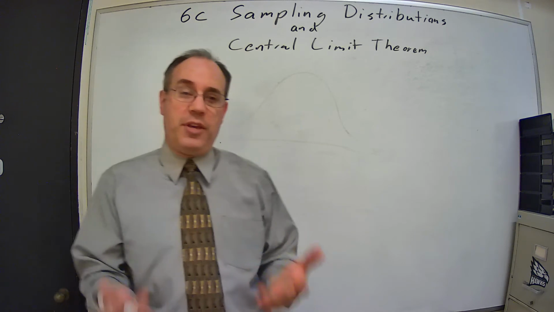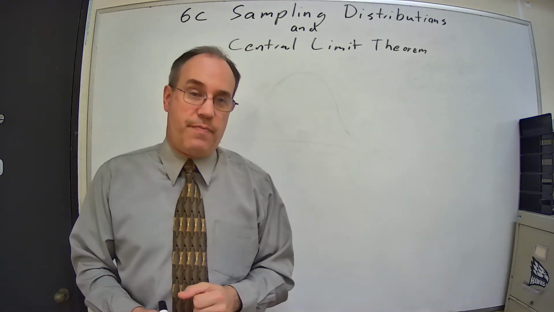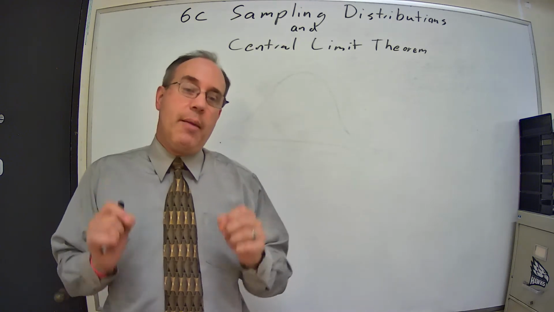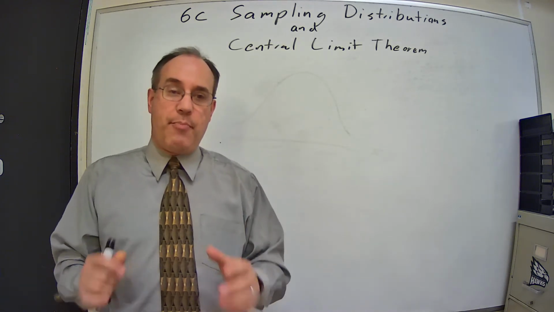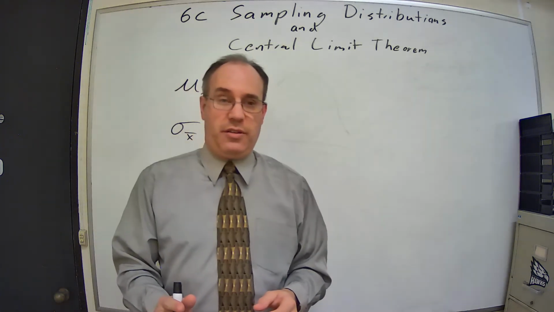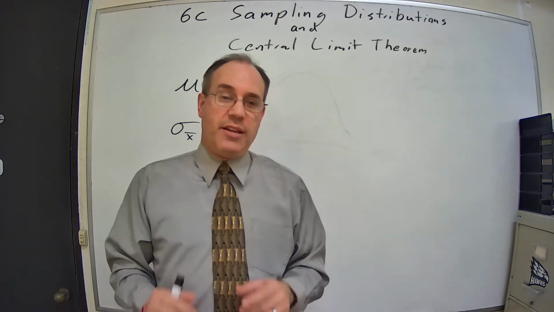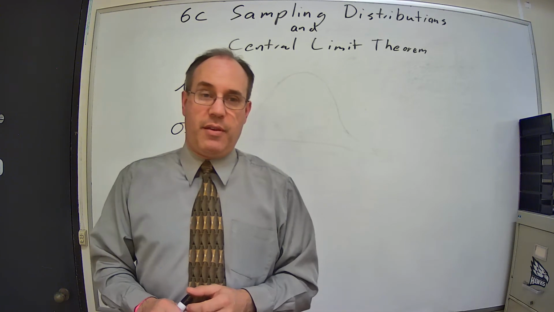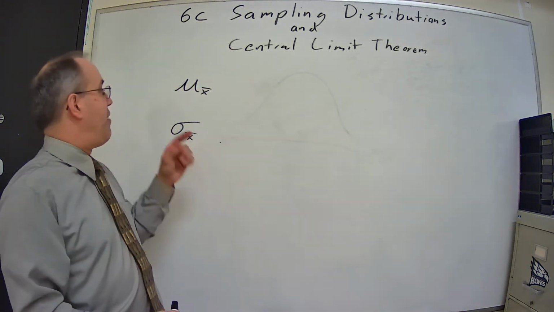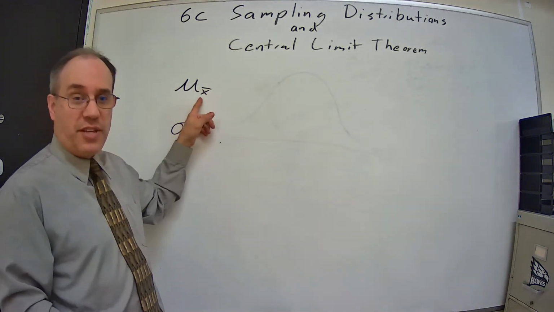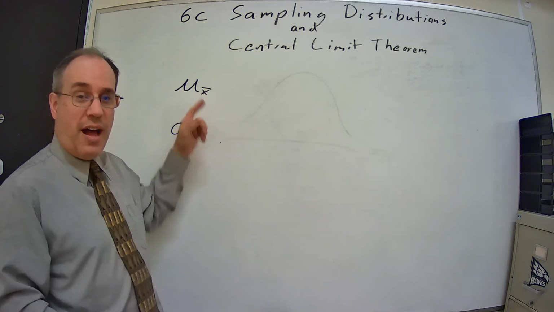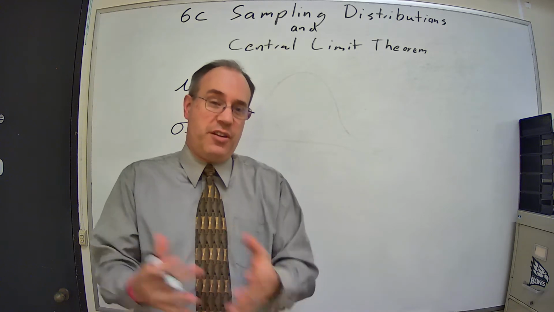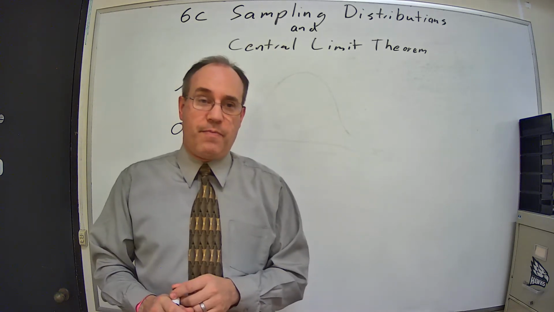The sample mean of those 5 students' ages. Now, if I take every possible sample of 5 students and find each of their sample means, then I have the population of sample means. I have all possible sample means that could come from that population with that sample size.